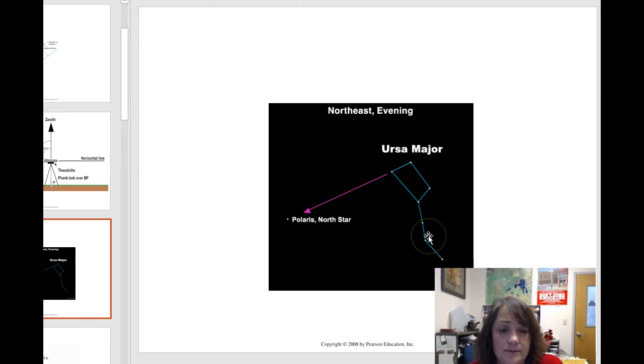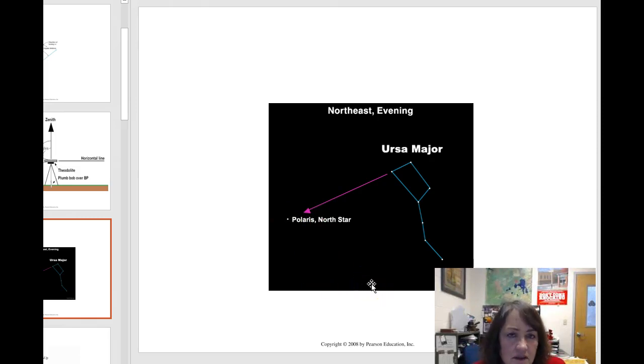So in other words, the orientation of the Big Dipper will change throughout the year. At one point it will look like this, and then it rotates around, the tail's up and the cup is down, and then opposite down here, during the calendar year. But whenever you find Ursa Major, or the Big Dipper, if you find the edge of the dipper and you come straight out from it, you'll see Polaris, the North Star.